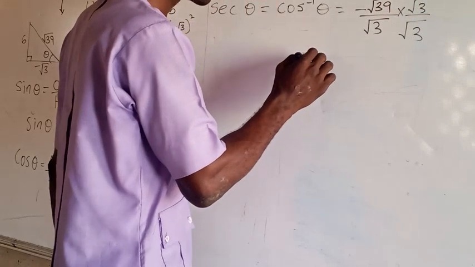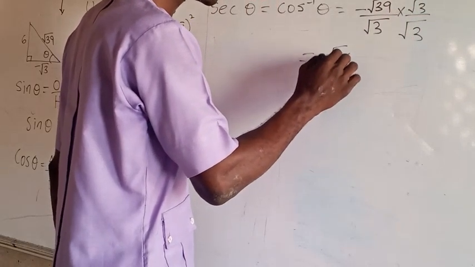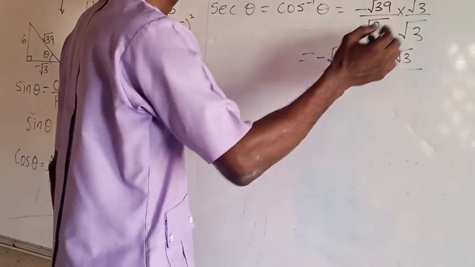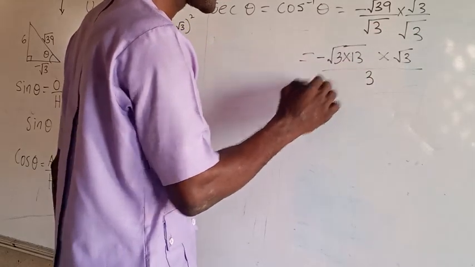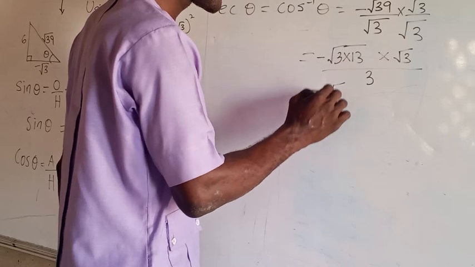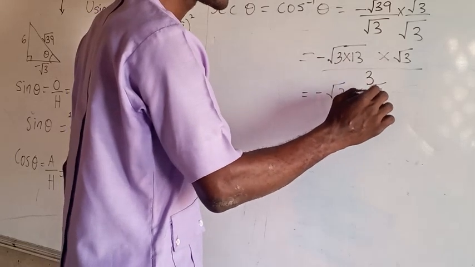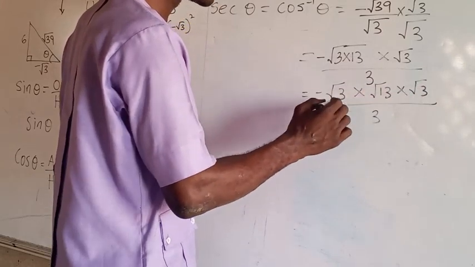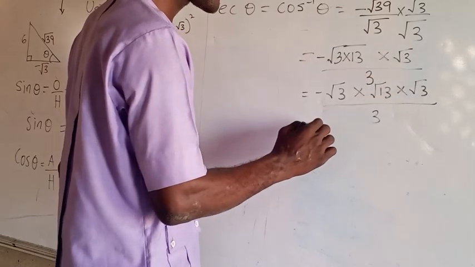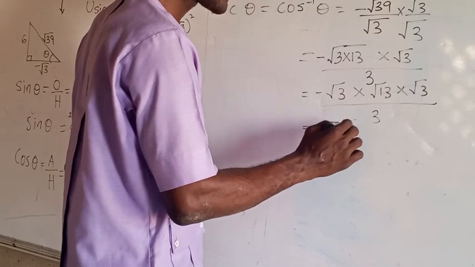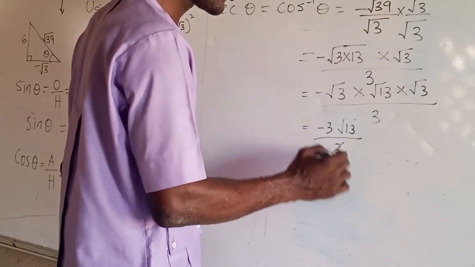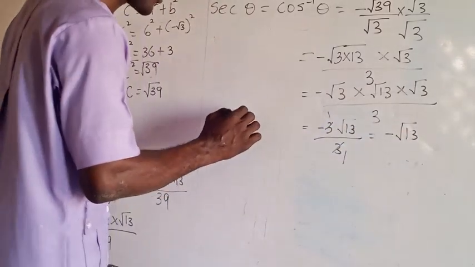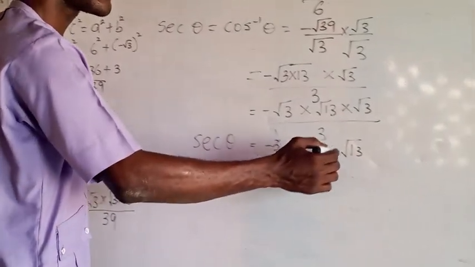So this is going to give us negative root 3 times 13, then times root 3, everything over root 3 times root 3. This is giving us 3. With this now, we are having negative root 3 times root 13 times root 3, everything over 3. Now, negative root 3 times root 3, that's giving us negative 3 root 13 divided by 3. So 3 here 1, 3 here 1, and we are left with negative root 13. So this means that our sec theta is negative root 13.